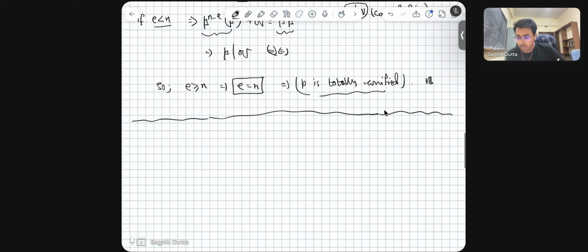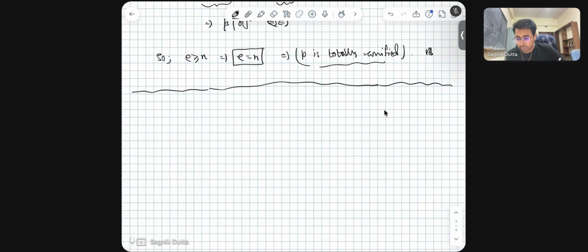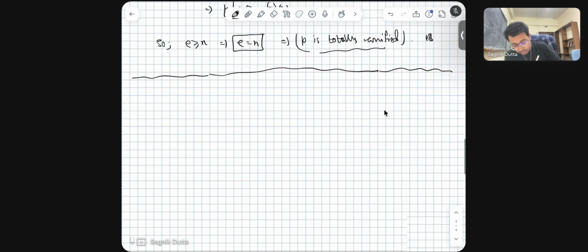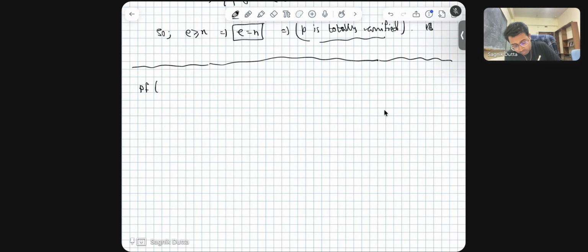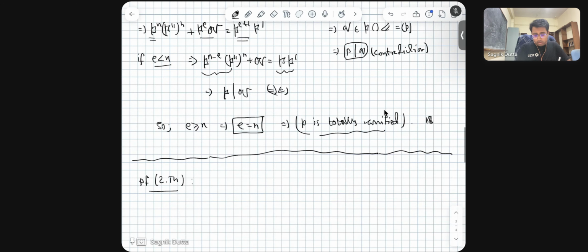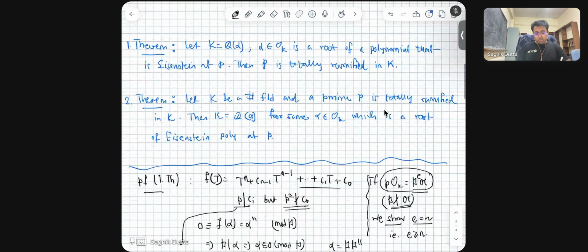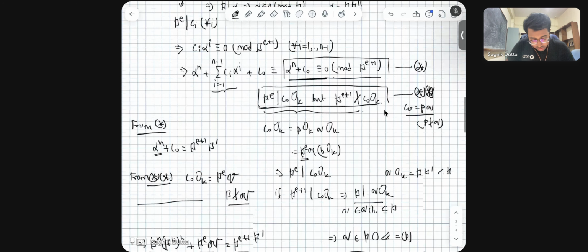Alright, and now let's look at the other part of the proof. What does the other part tell? You start with a ramified prime, which is P here.